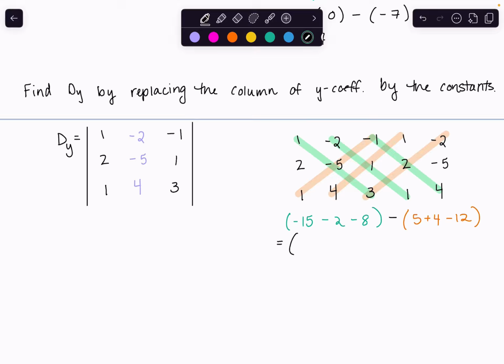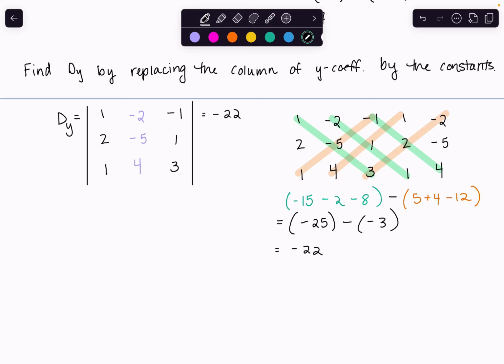So that will give me negative 25. And then 5 plus 4 is 9, minus 12 is negative 3. So negative 25 plus 3 gives me negative 22. So that determinant is negative 22.